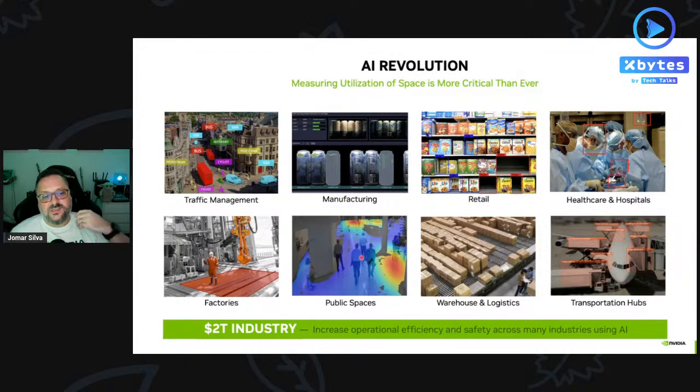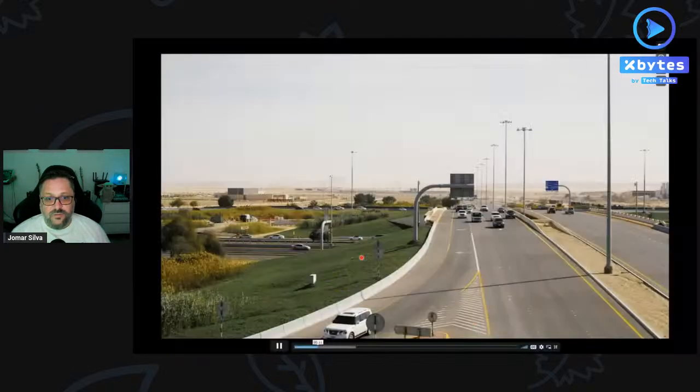It doesn't matter if it's smart cities, factories, public spaces, retail, anything you use. You need a platform to really cross information from different kinds of neural networks.